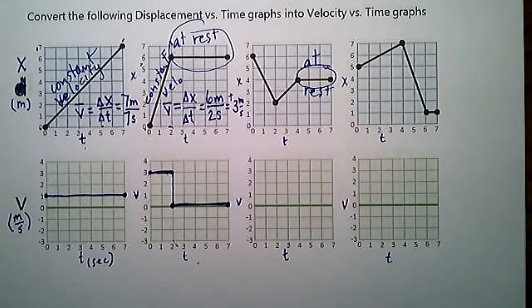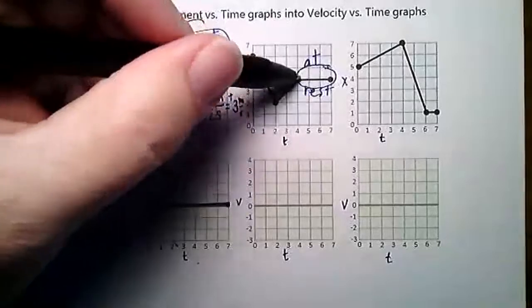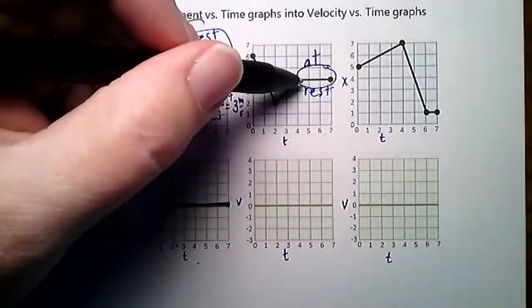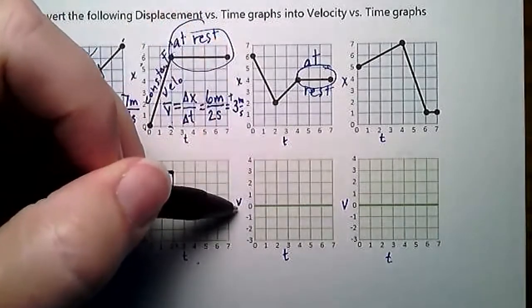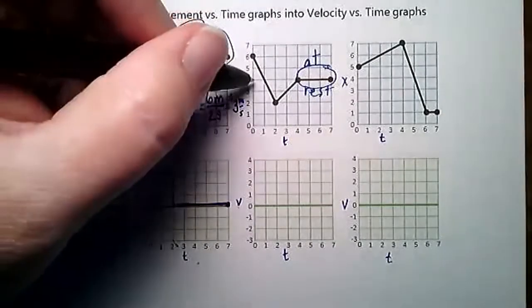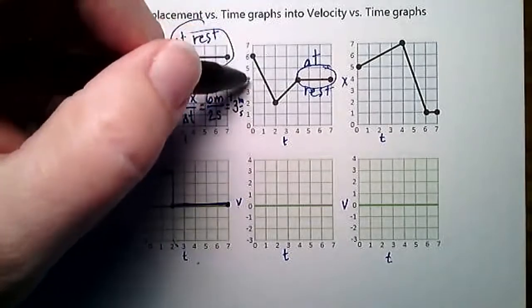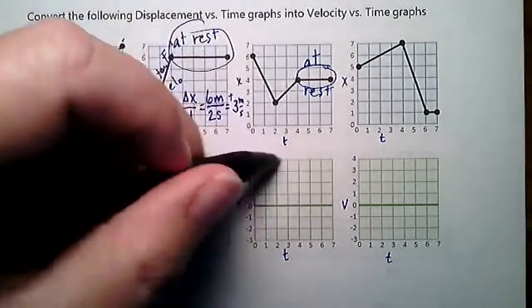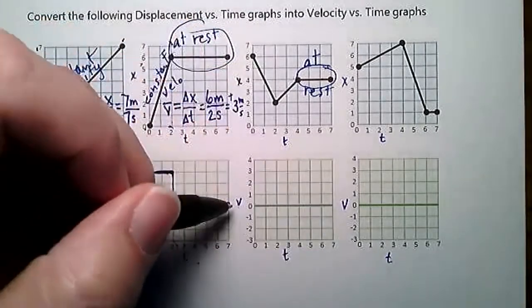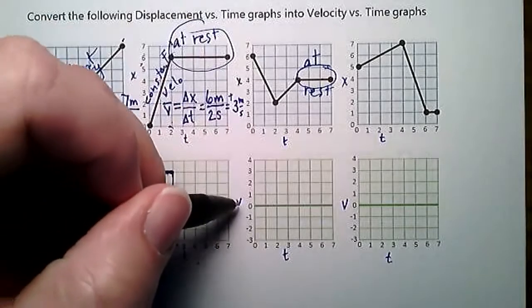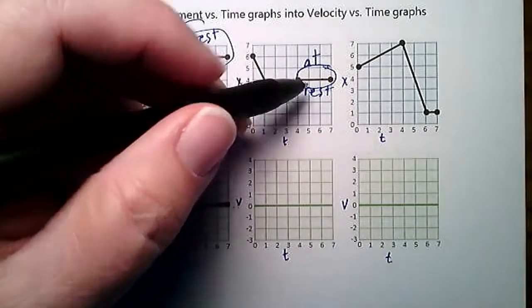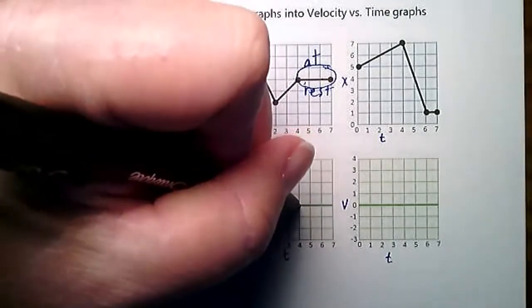So I know right off the bat that if I'm at rest, I have no velocity for this velocity graph. So I can go right on down here. Doesn't matter where I was. This isn't graphing where I'm at. This is graphing what my speed, my velocity is. And if I'm at rest, I know that my velocity is 0.